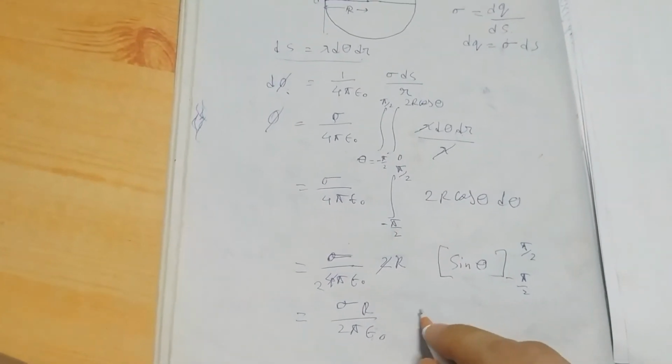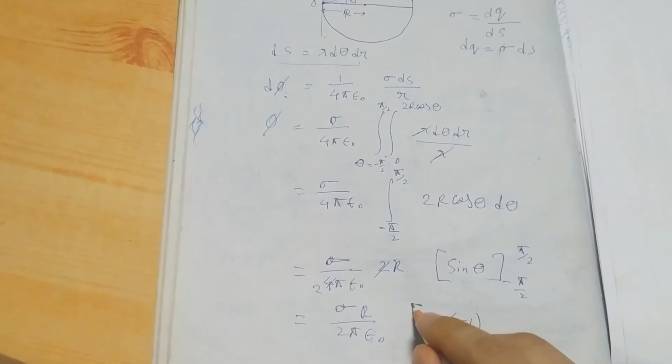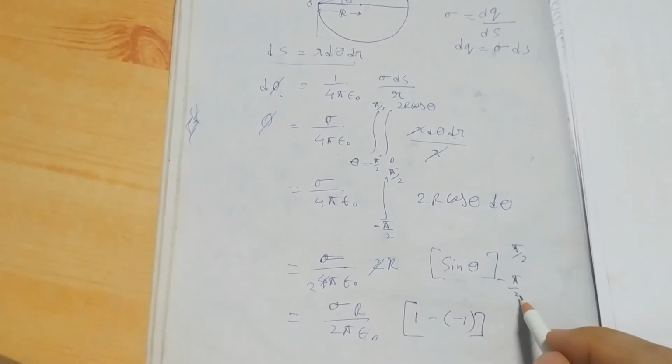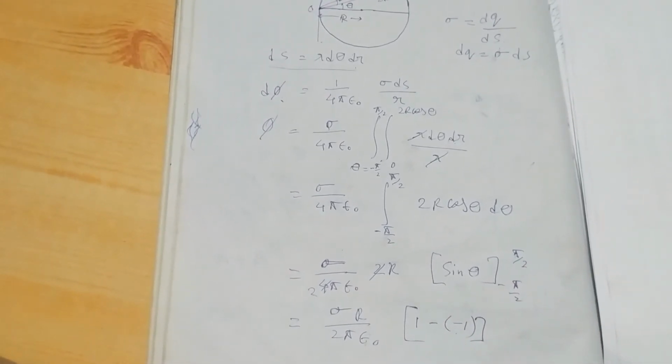Sin theta will be 1 minus of minus 1, as sin pi by 2 is 1 and sin of minus pi by 2 is minus 1, so upper limit minus lower limit, so 1 minus of minus 1.